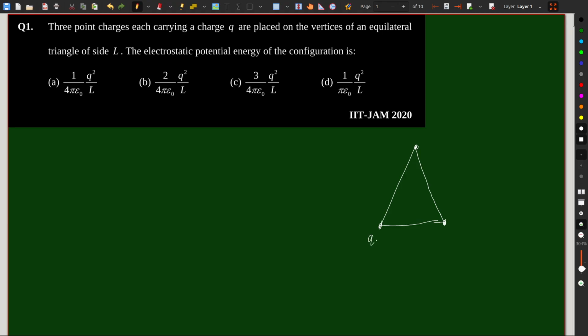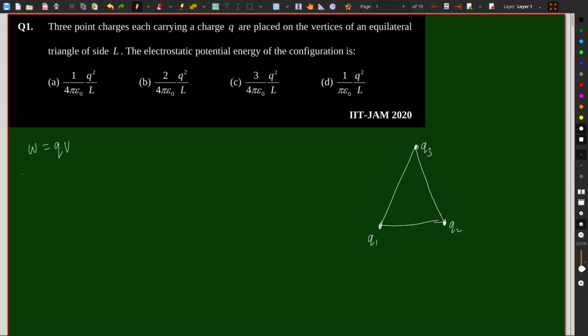Let's say this is Q1, this is Q2, and Q3. We know electrostatic energy is given by Q into potential. So we have to assemble these three charges on the vertices of this triangle.